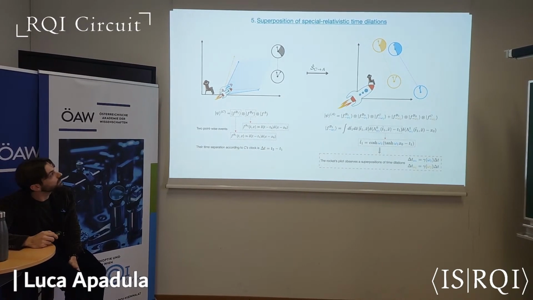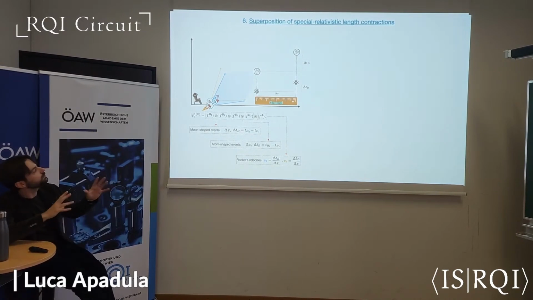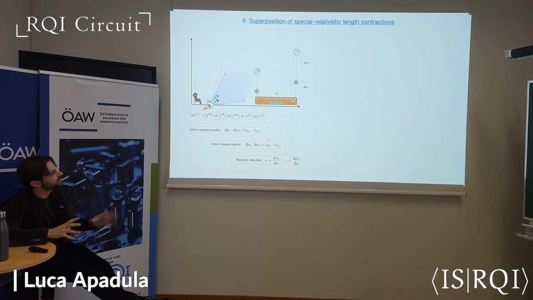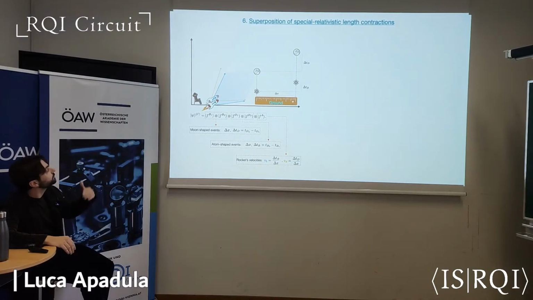And then we can say the same for the length contraction. Now the setup is a bit more cumbersome because of the complication of performing a measurement of rod lengths, but basically it's very similar.